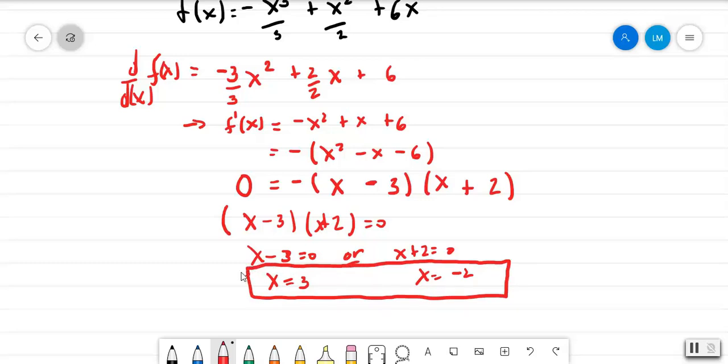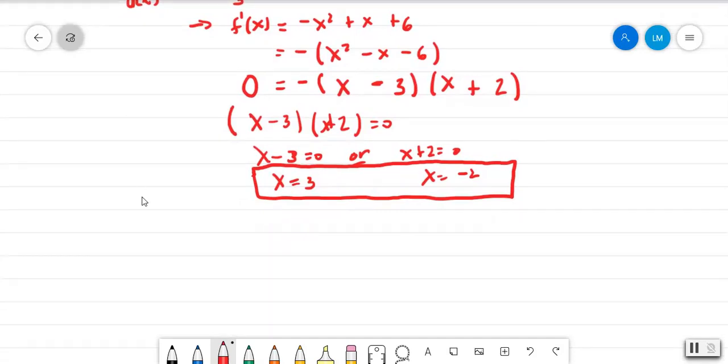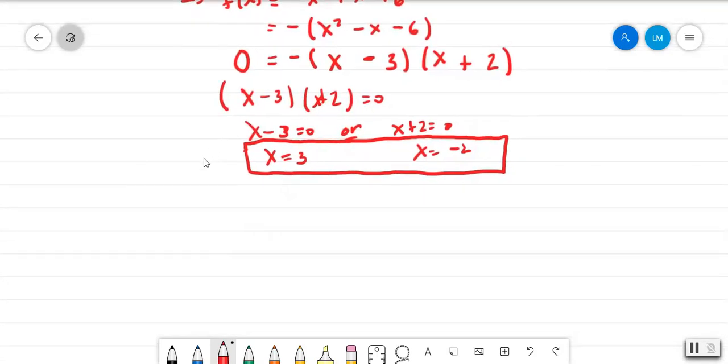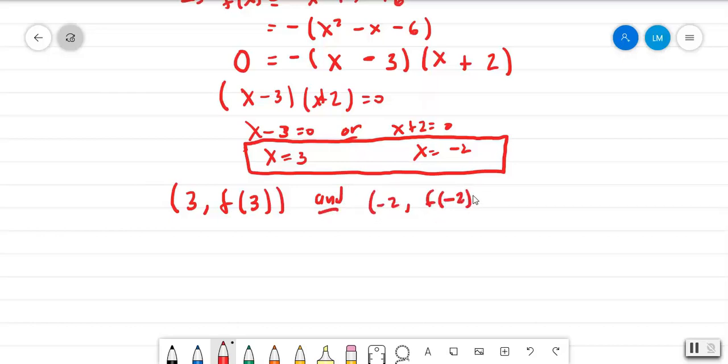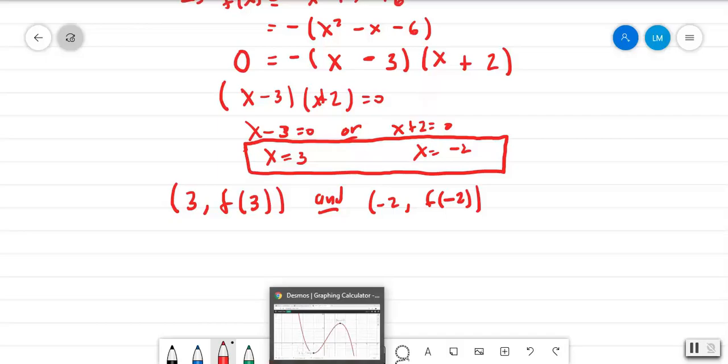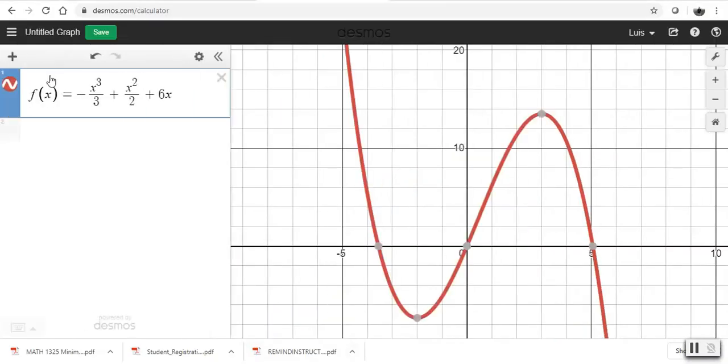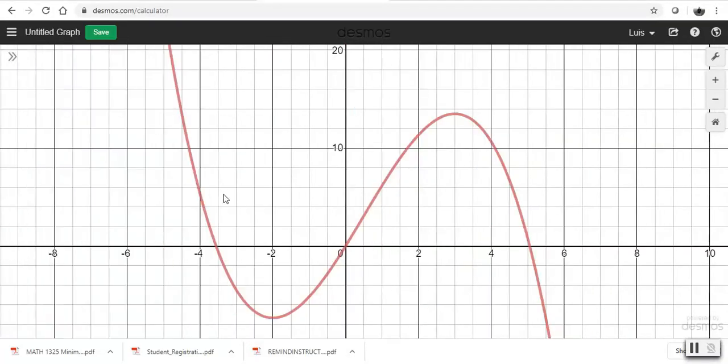Now normally you won't really be asked for the values, but if you are, you just have to figure out, for example, what is 3 comma f of 3, and what is negative 2 comma f of negative 2. I have the graph pulled up on desmos.com, so if you go to desmos.com and type in the equation, it actually graphs it for you.